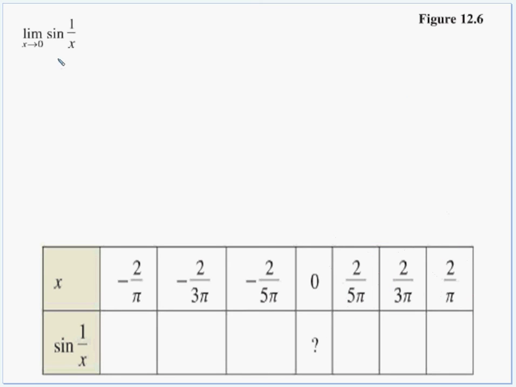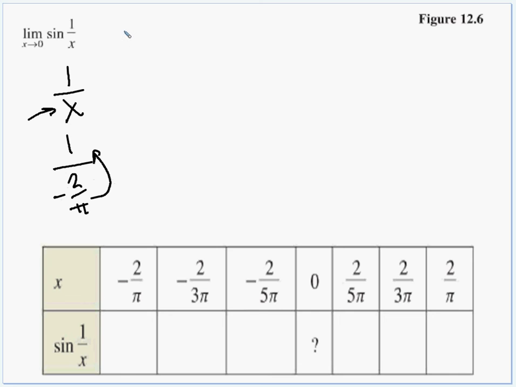So let's see here. We've got the first one. We've got this 1 over x. I want to put in negative 2 over pi. So this x becomes a negative 2 over pi. And then how do we divide one fraction by another? We invert and multiply. So this denominator is going to come up and flip.